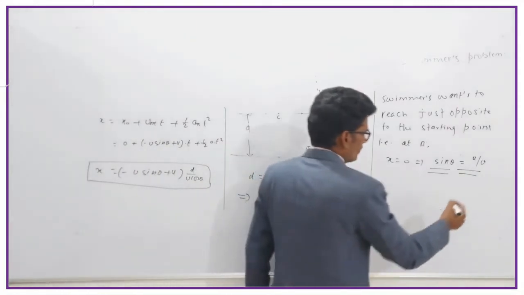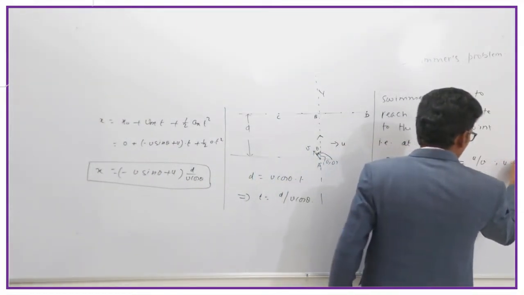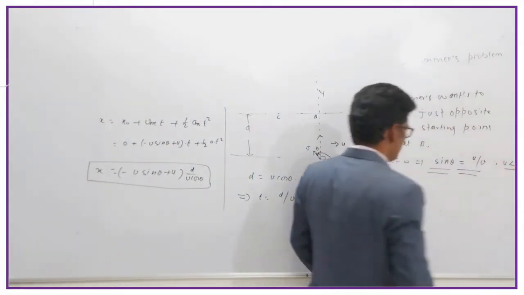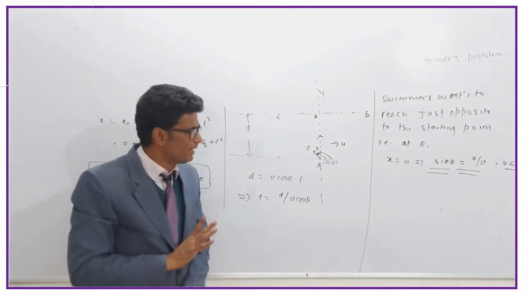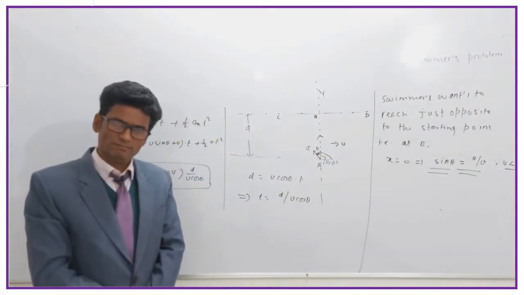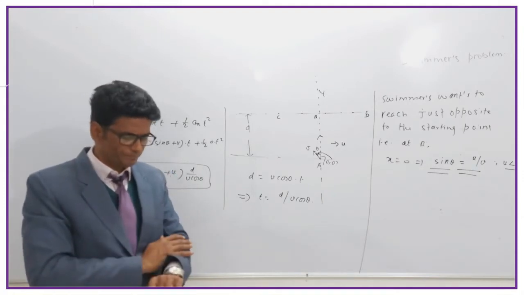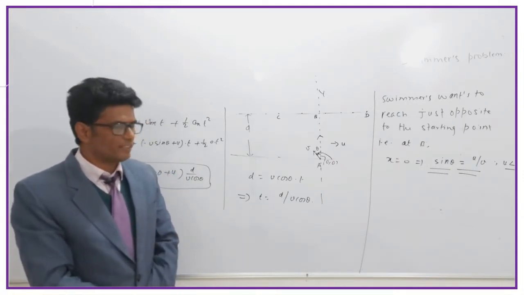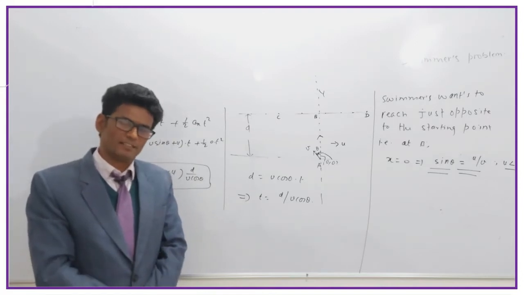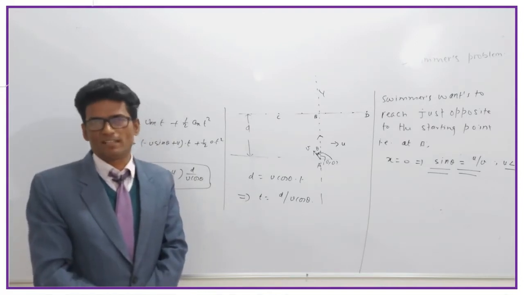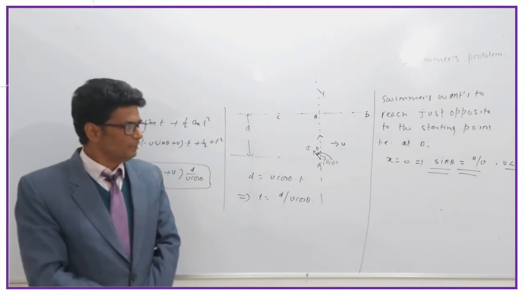It means here u is less than v, otherwise it cannot be balanced, because the left hand side sin theta cannot be greater than 1, so definitely the right hand side must be less than 1, otherwise it cannot be fulfilled.